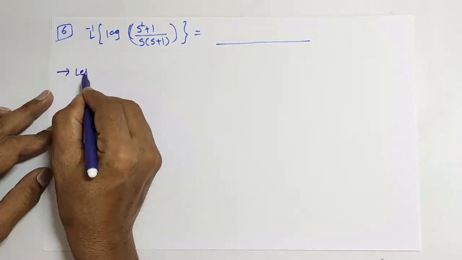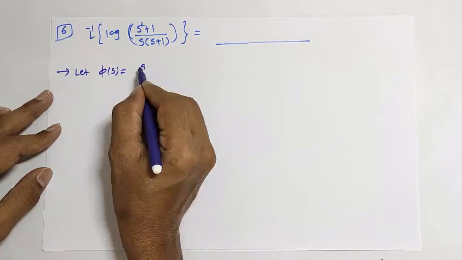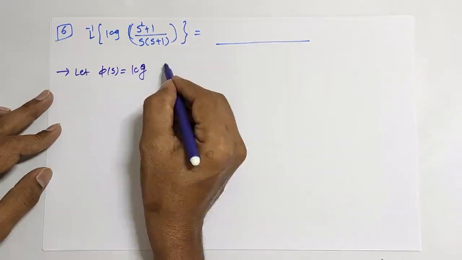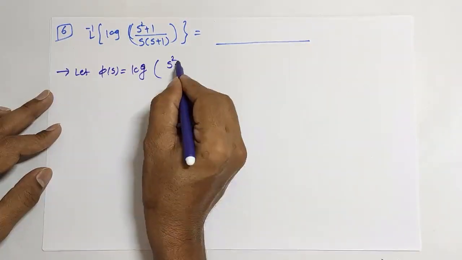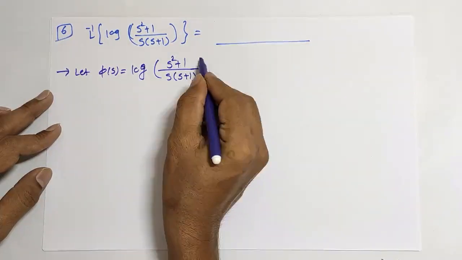First of all you have to consider phi of s is equal to log of s square plus 1 upon s into s plus 1.